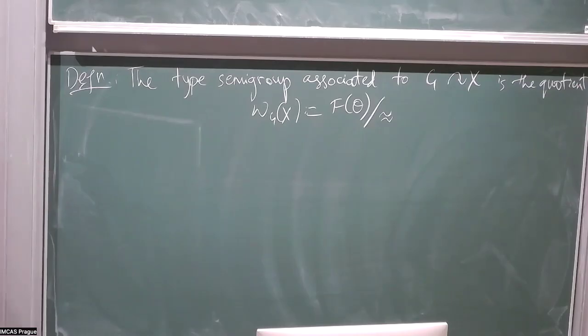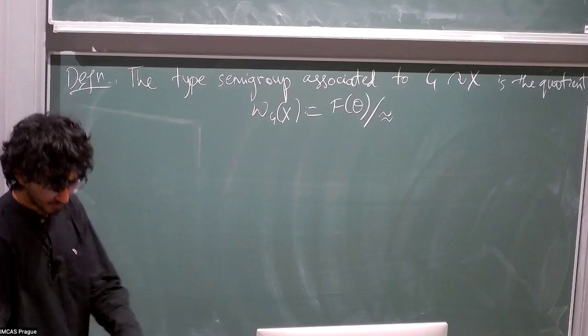So if F is dynamically subequivalent to G and G is dynamically subequivalent to F, then I consider them to be the same in this type semigroup. And by this relation, this relation descends to a relation on the type semigroup, and it gives you a partial order. And you can also form sums of elements the usual way.